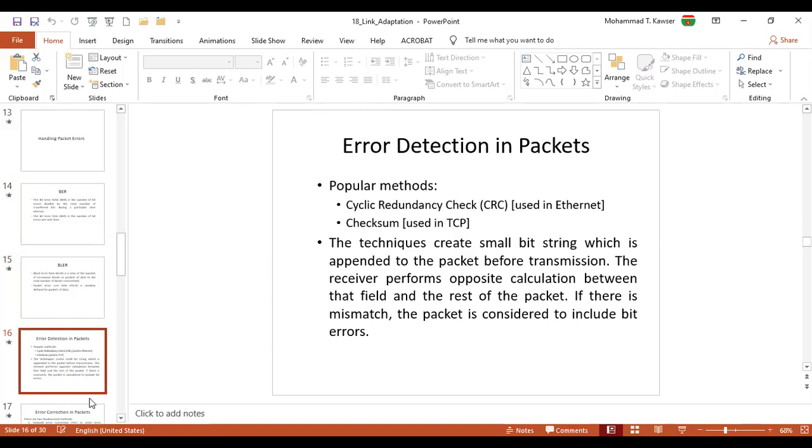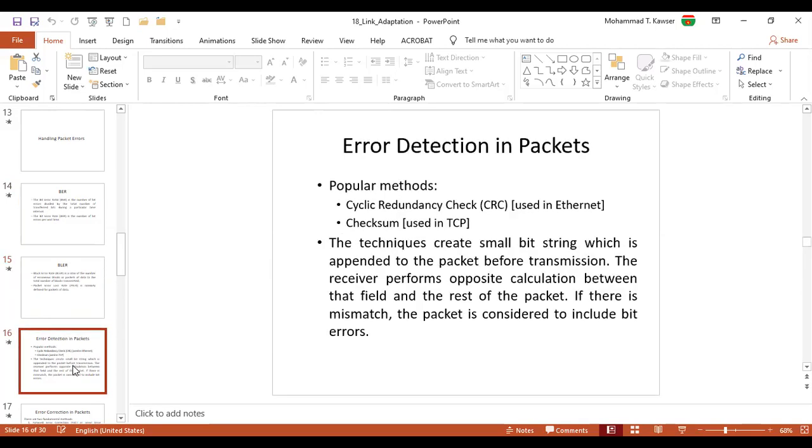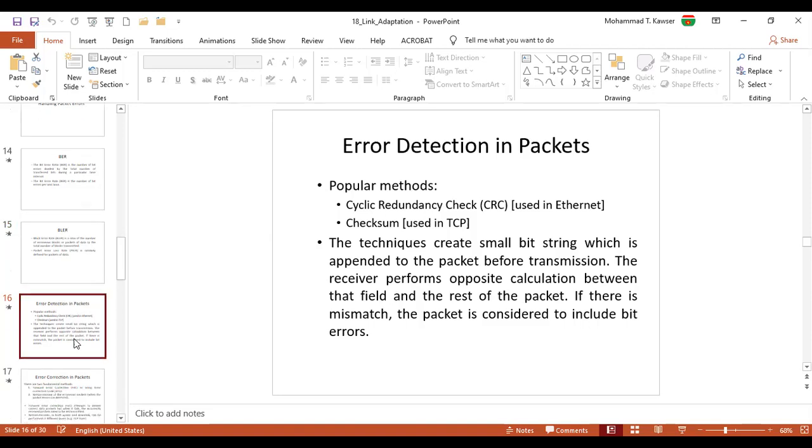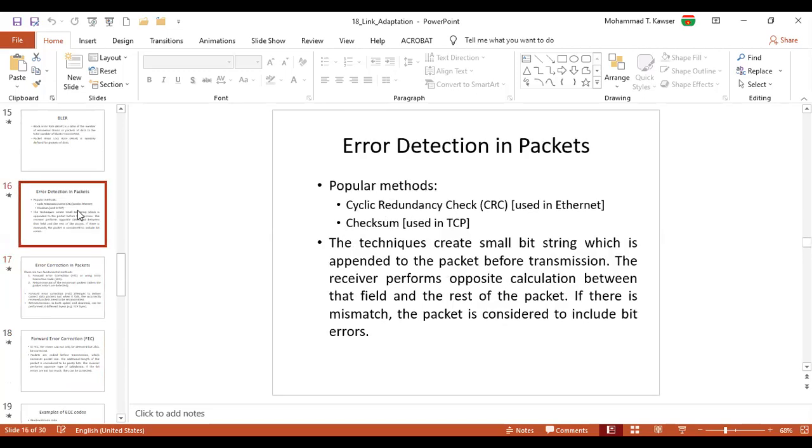Now, that's the problem. BLER, or blur, is the estimation of the level of the problem. But how can we circumvent it, how can you overcome the problem? There are methods like error detection, and also methods like error correction. In the case of error detection, you cannot correct.